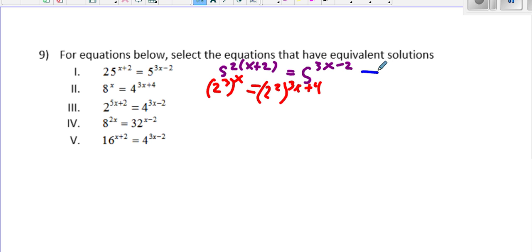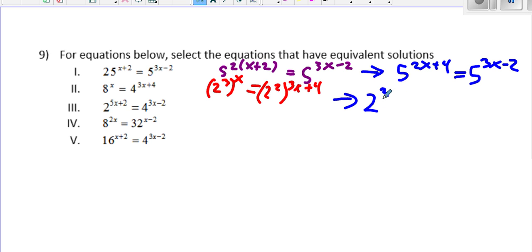So if we go one step further with each of these, this would be 5 to the 2x plus 4 equals 5 to the 3x minus 2. This one is 2 to the 3x equals 2 to the 6x when you distribute, plus 8.